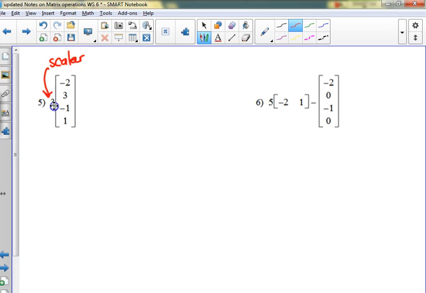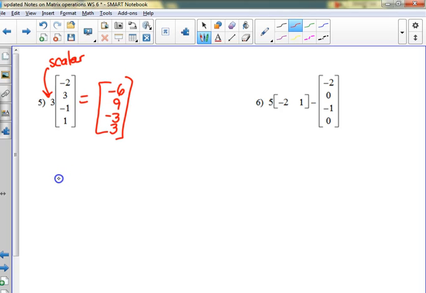It makes it 3 times as long. Does anybody do vectors in physics yet? Okay. Anyway, we're going to take all of these and multiply by 3, and our answer is going to be what? We're good? Okay. Let me tell you what's on the test.